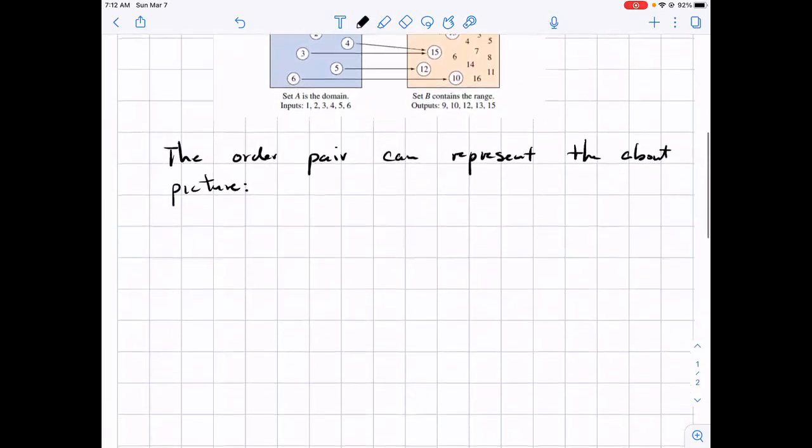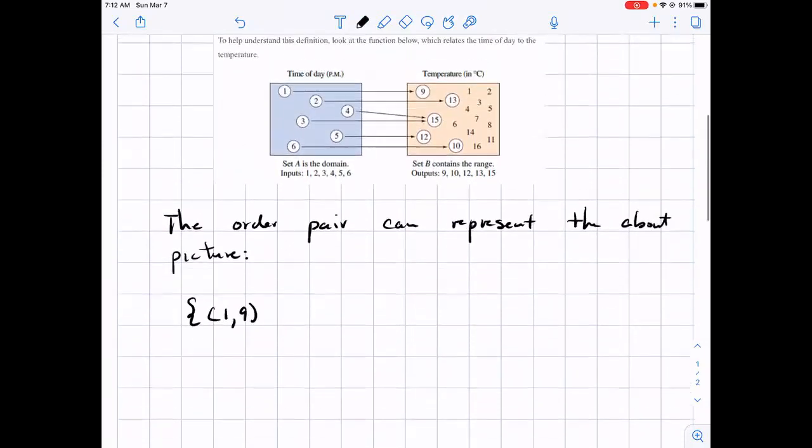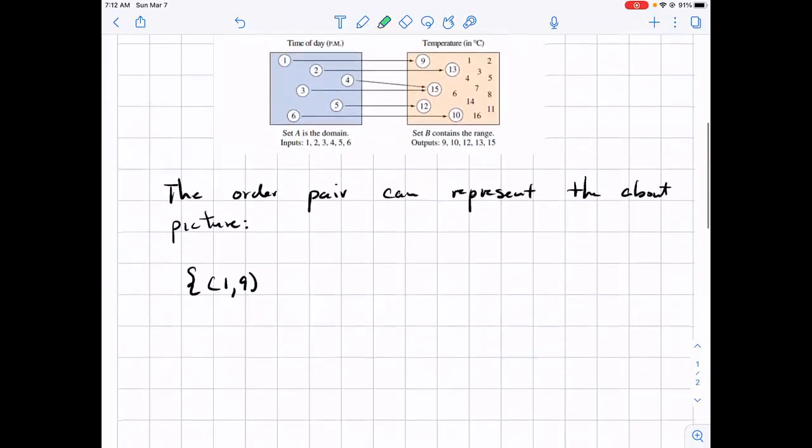So we can have the pair (1, 9), and that's because 1 is mapped into 9. And then comma (2, 13).